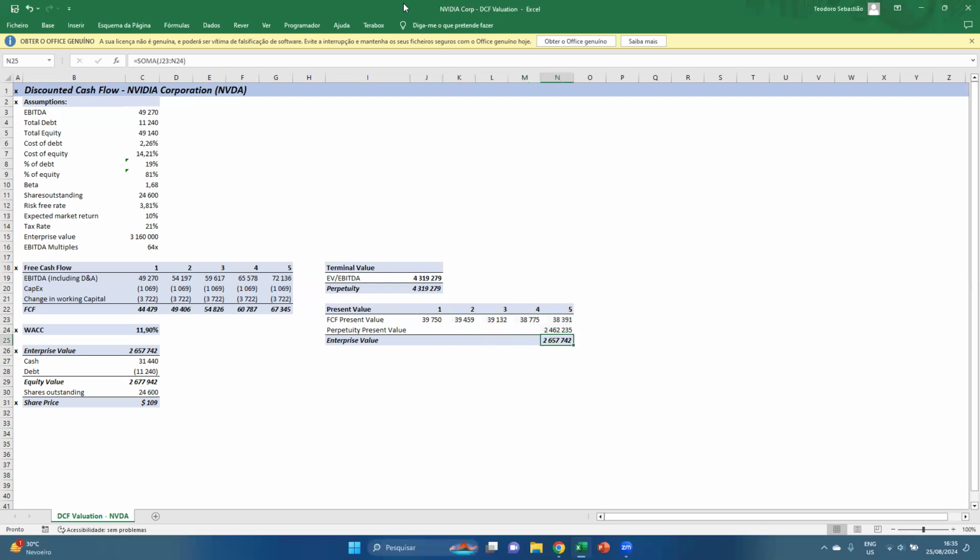And we are going to have our enterprise value, that is the value of the whole company, including debt, minus cash and those things. That is for both equity holders and debt holders. And then we are going to put here the cash and debt.